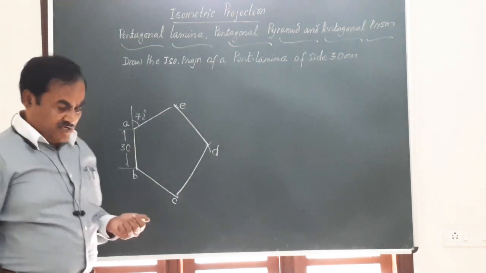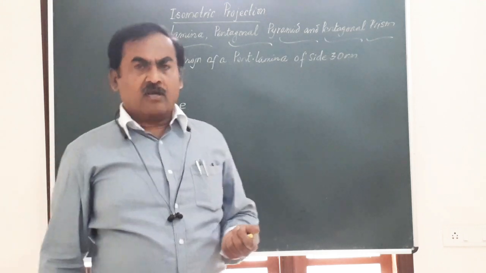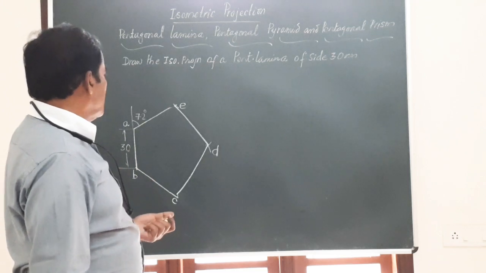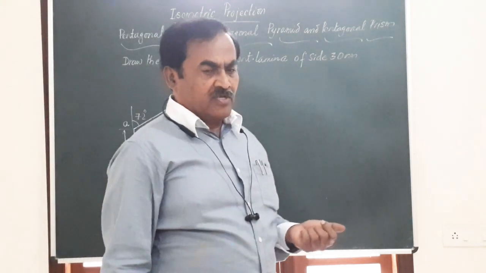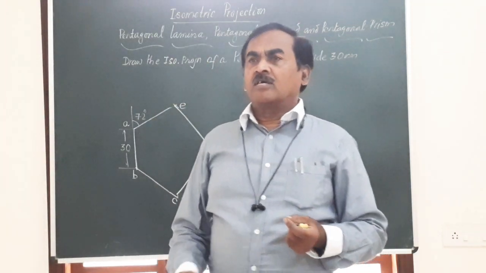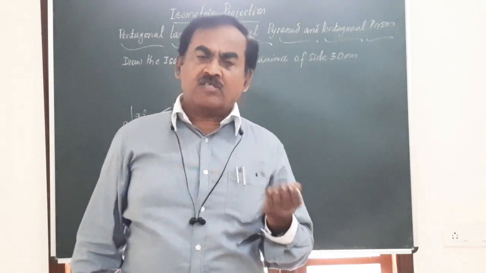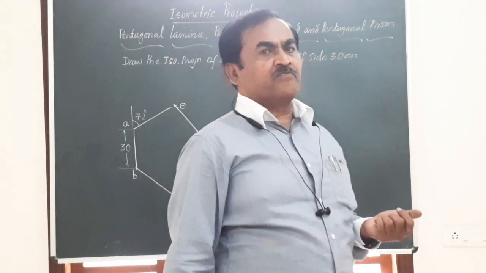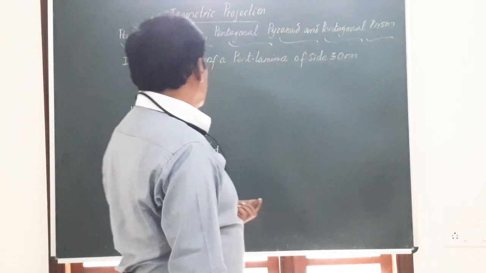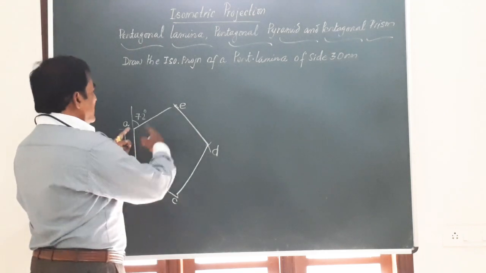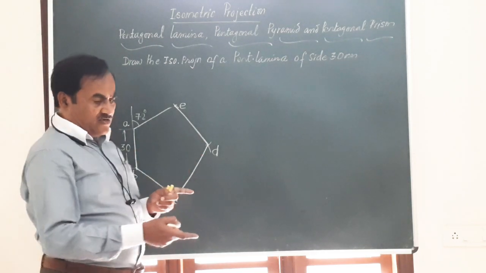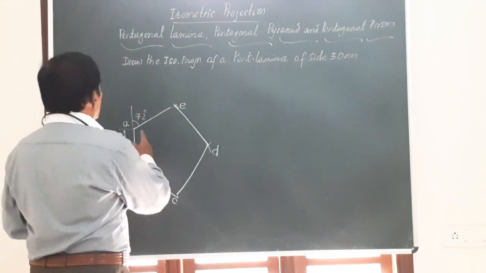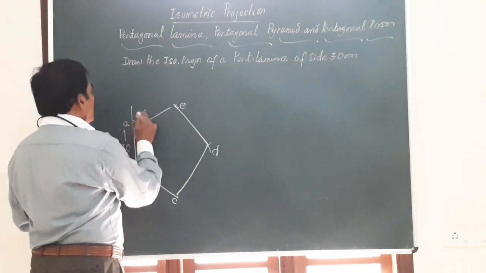Friends, before we continue with the construction of the isometric projection of this, I would like to inform you that excepting the plates or lamina or solids having square and rectangular faces, for all other figures, like a pentagon or a hexagon or a heptagon or a triangle, etc., we have to enclose the figures so obtained in a box.